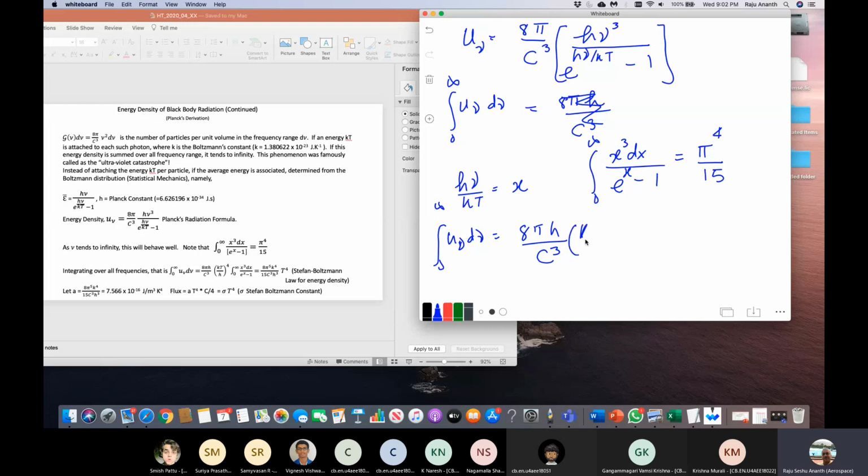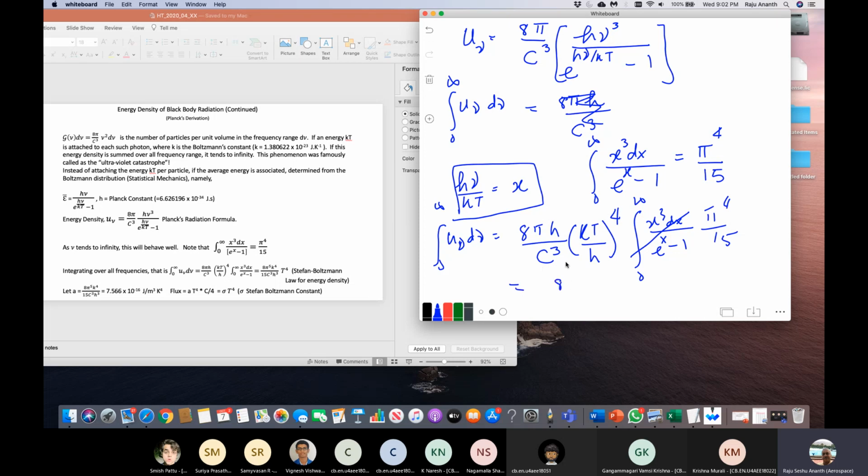Remember, the kT comes in with h to the power of 4 because I'm assuming x cubed, so x cubed comes out. That is the reason the fourth power comes in, that's all algebra. And here the integral from 0 to infinity of x cubed dx divided by e to the power of x minus 1, because x again I just assume to be kT over h. And this is nothing but pi to the fourth over 15. So the whole thing comes out to be 8 pi to the fourth over 15.